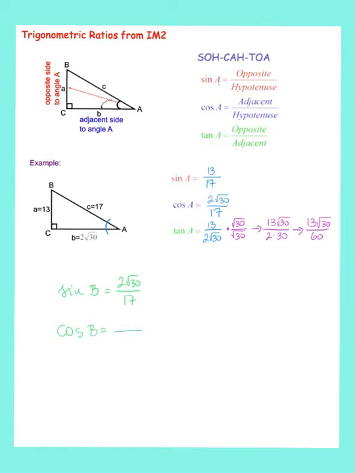So we can say that's 13 over 17. And then let us look at our tangent. The tangent of angle B is going to be opposite divided by adjacent. So the tangent is going to be 2 times the square root of 30 divided by 13. And in this case, since my radical is already in the numerator, I don't even have to simplify.